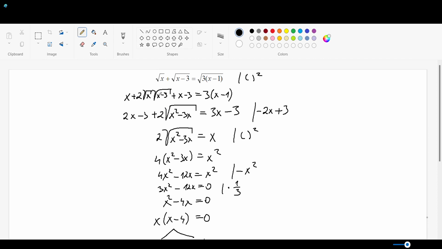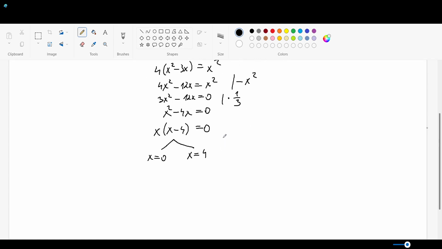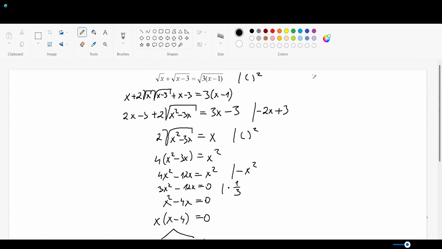Again, as this is not an equivalent operation, you have to do the check, and let me do it here. So the check of the left side for 0 is the square root of 0 plus the square root of, sorry, not x but 0 minus 3.